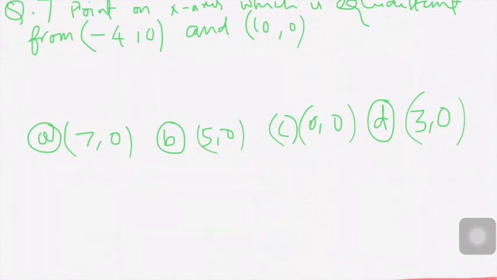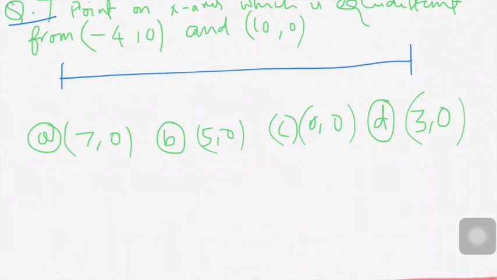So we have got question number 7, which says point on x-axis which is equidistant from -4 and 10. So let's draw the x-axis over here. So here is -4 and here is 10.